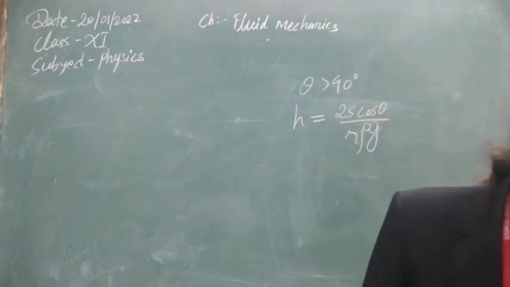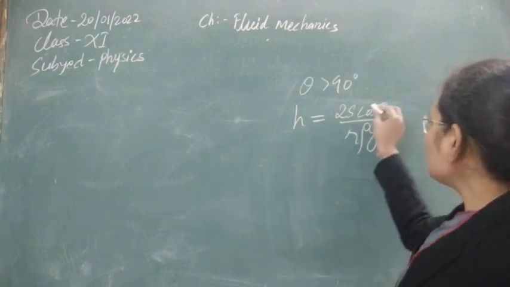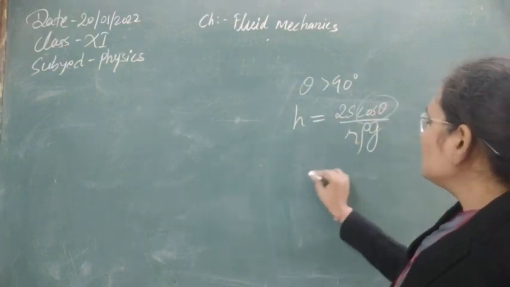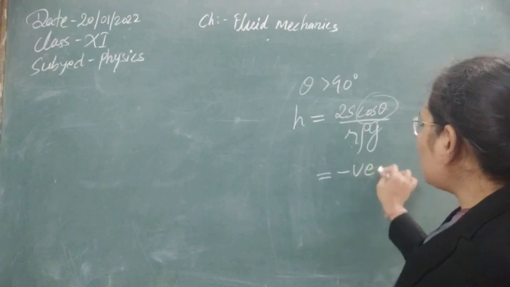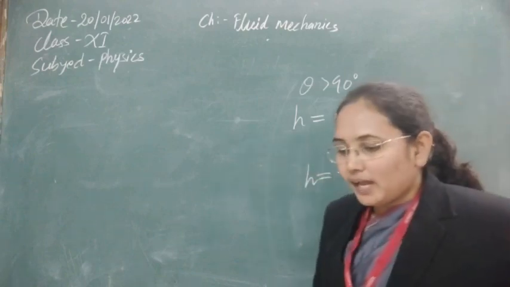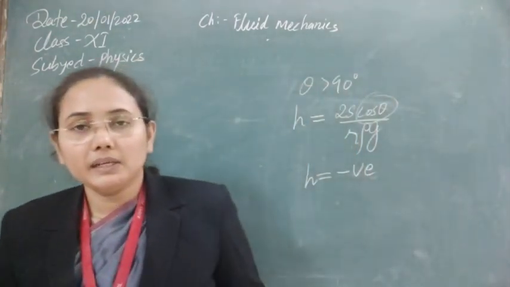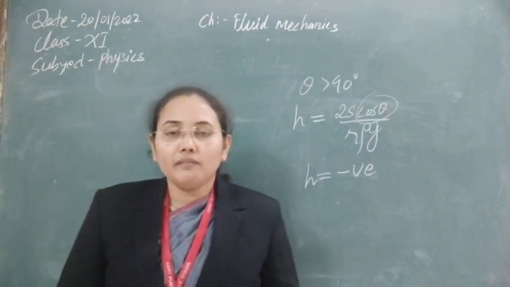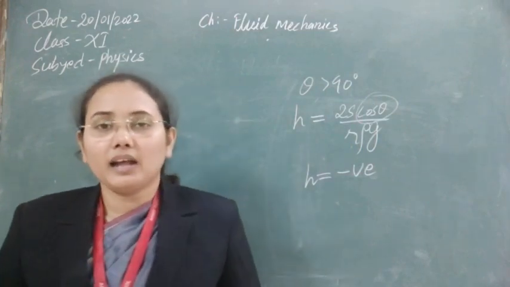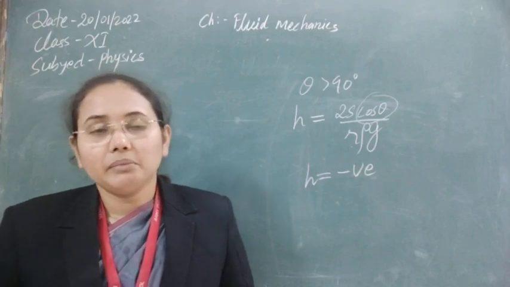For theta greater than 90 degrees, cos theta will be negative. If cos theta is negative, then h will be negative, which simply indicates that the water will fall in a glass tube coated with paraffin wax.